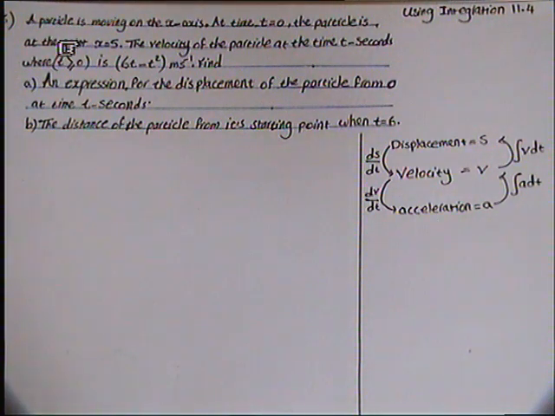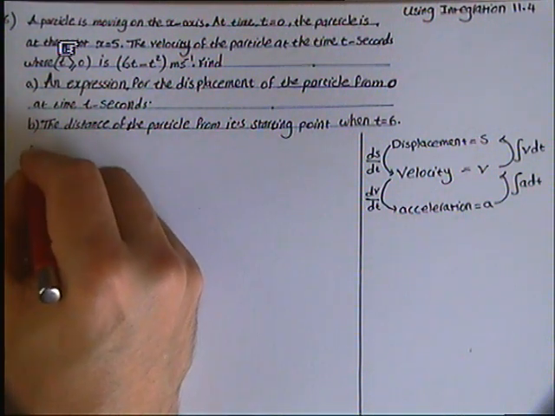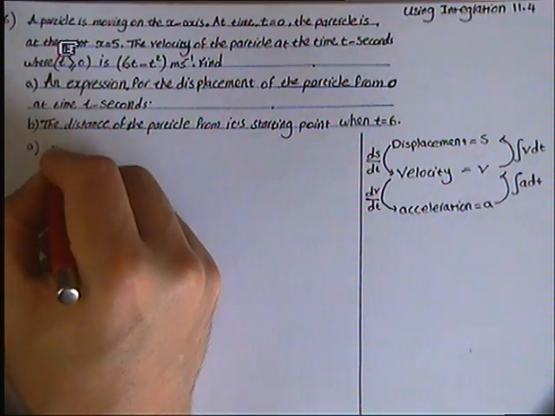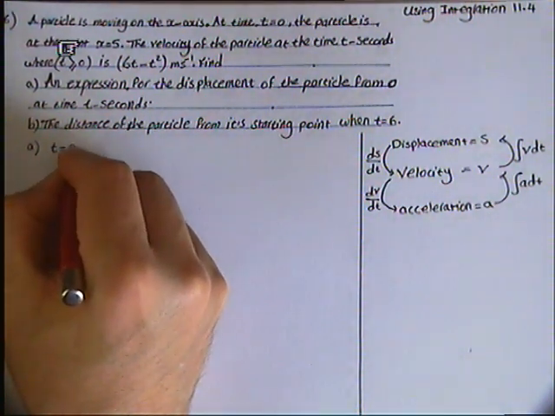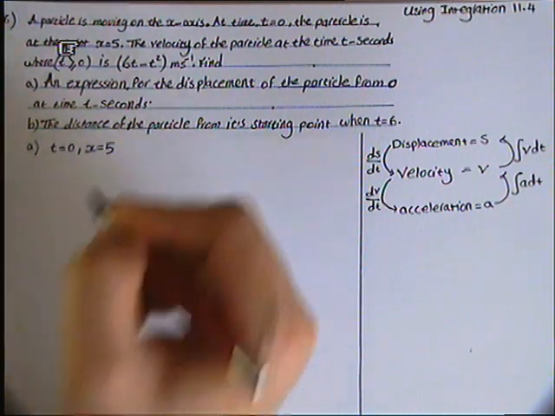A particle is moving on the x-axis. At time t seconds, t equal to 0, the particle is at the point where x is equal to 5. So therefore, when t is equal to 0, x is equal to 5. Displacement is equal to 5.